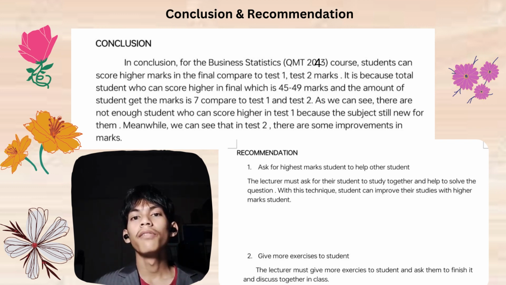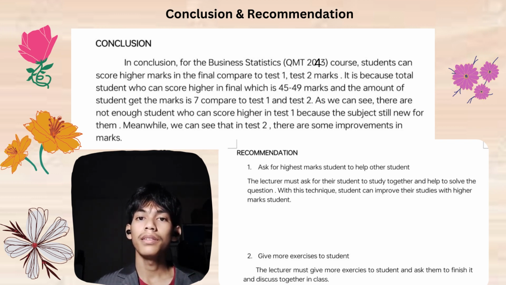In conclusion, for the Business Statistics QMT 2043 course, students can score higher marks in the final compared to Test 1 and Test 2 marks. It is because the total students who scored higher in the final, which is 45 to 49 marks, is 7 compared to Test 1 and Test 2.